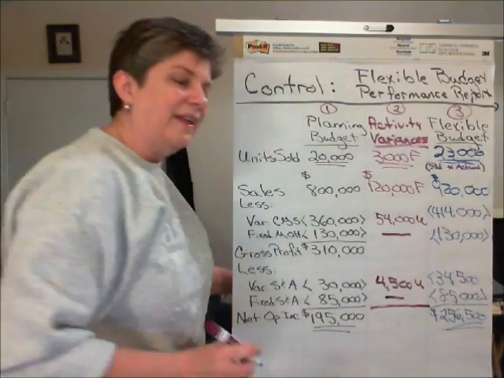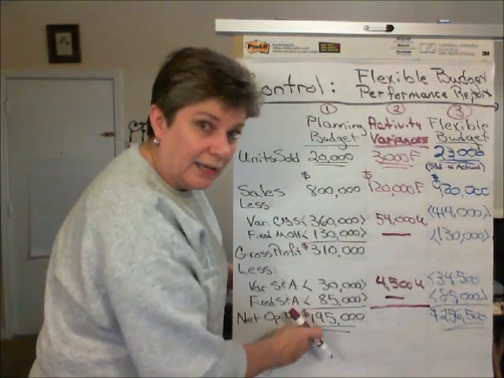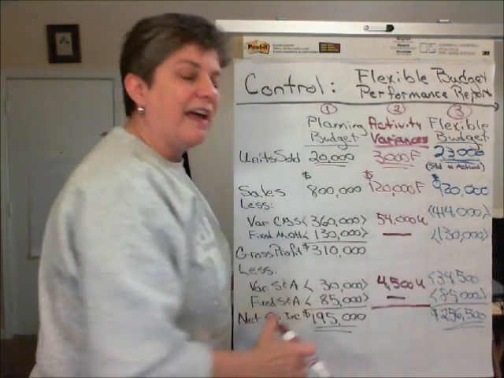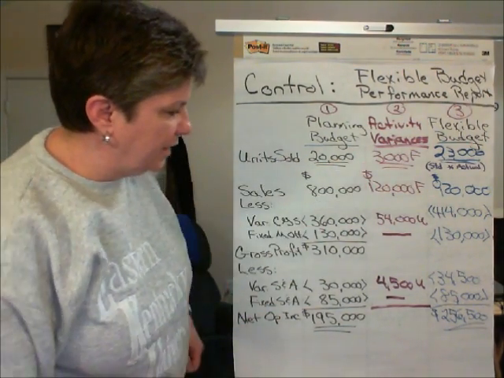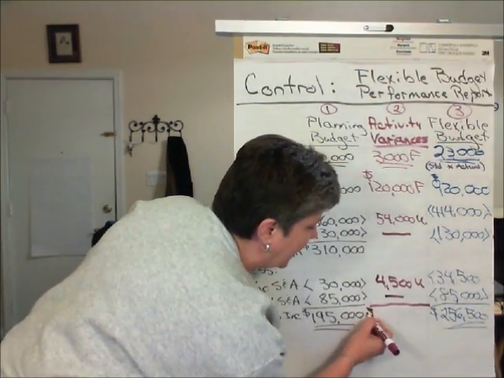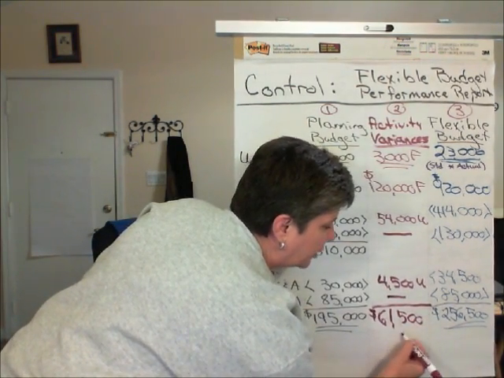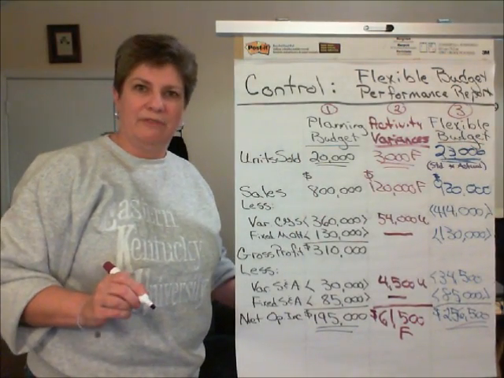So overall, the activity variances, which is the difference between the planned cost and revenues and what the cost and revenue should have been for the actual level of activity, when we look at these overall, we've got a net $61,500 favorable variance due to activity.